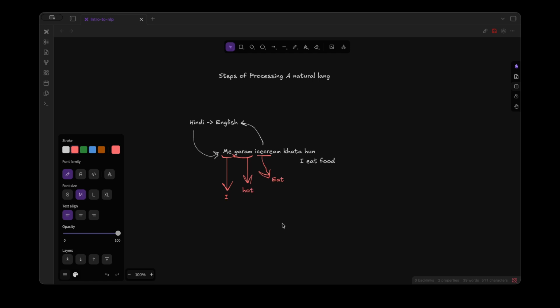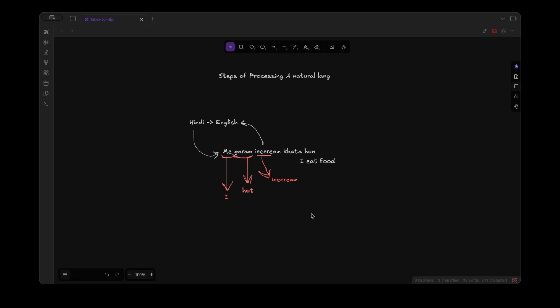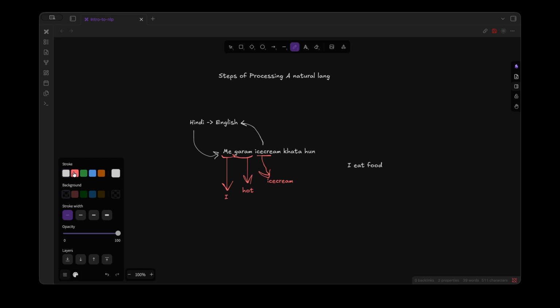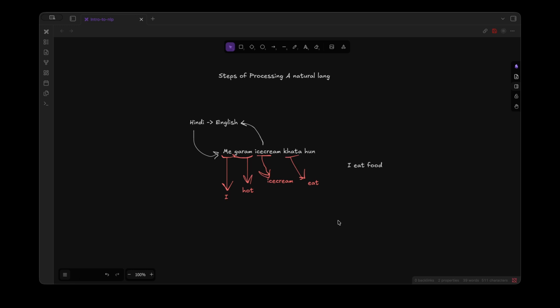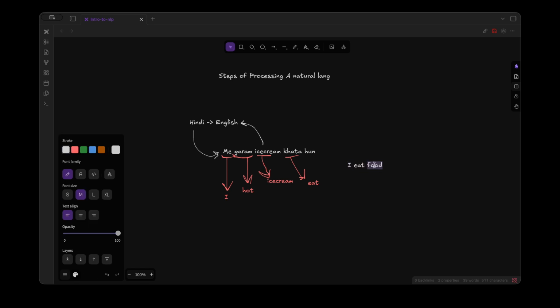This will be hot, this will be ice cream, and this will be eat, right? So if I do the line by line translation, is it grammatically correct? No. What will the grammatically correct sentence be? This will be I eat hot ice cream.